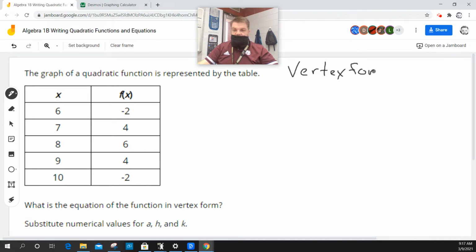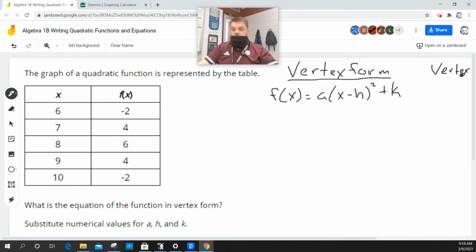It's called the vertex form because it has the vertex in it. It's f of x equals a times (x minus h) squared plus k, where (h, k) is the vertex.